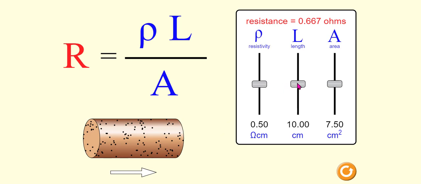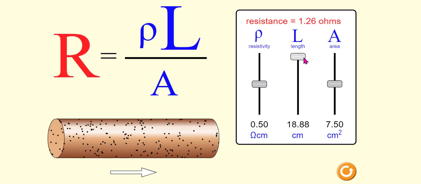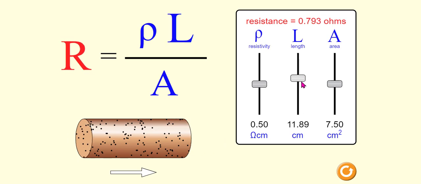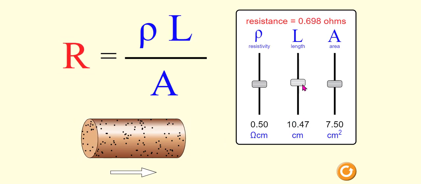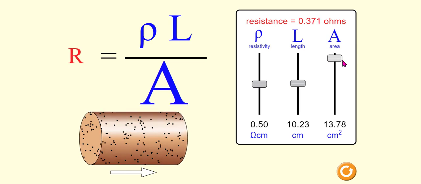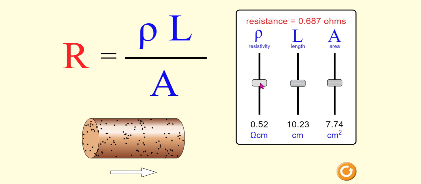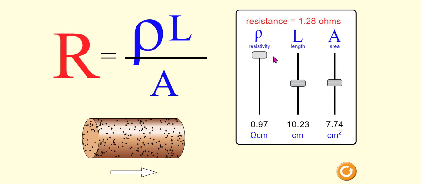As much as we increase the length of the wire, the resistance will increase too. If we try to increase the cross-sectional area, it's inversely proportional, and this will decrease the resistance, allowing more charges to flow through a wire. And finally, if we change the resistivity of a wire, the resistance will increase.